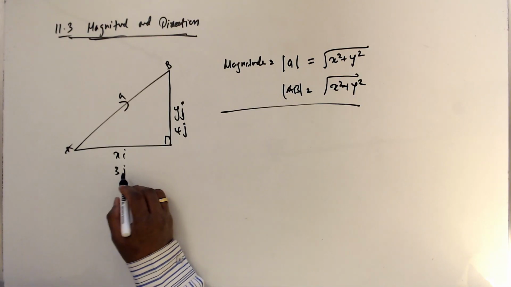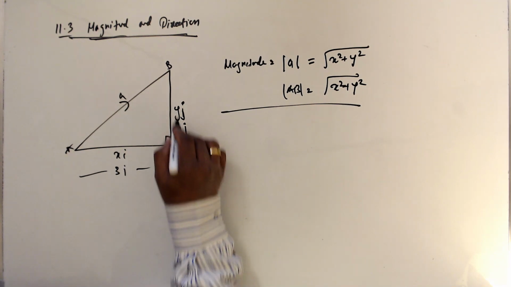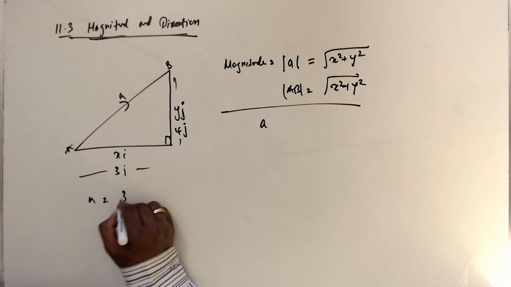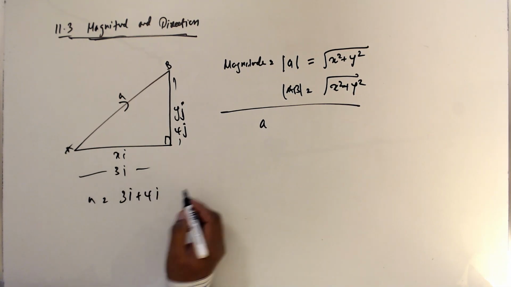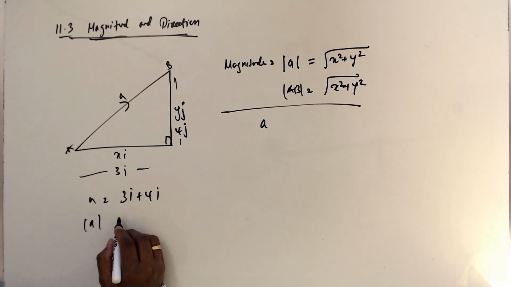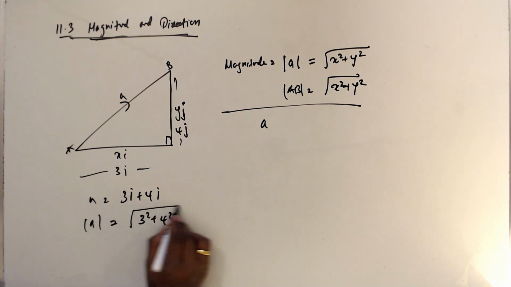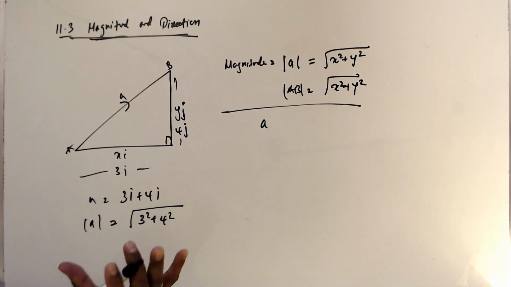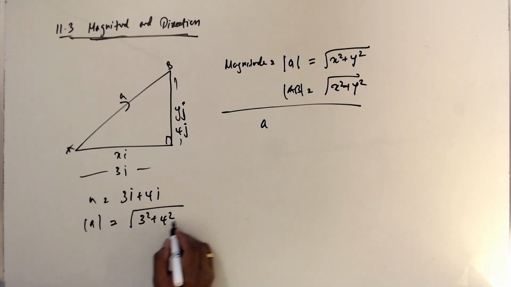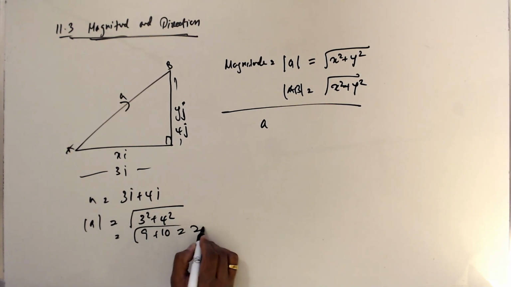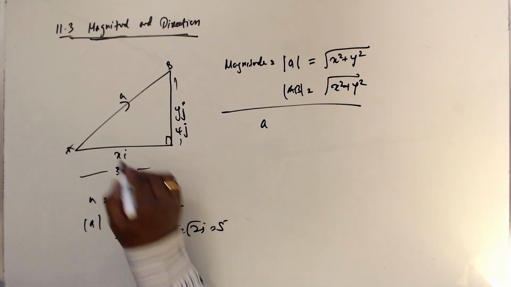Now, if this is 3i and 4j, what is A? So A is 3i plus 4j. Then mod A is the square root of 3 squared plus 4 squared. So this is the size. So 9 plus 16, which is the square root of 25, which is 5.